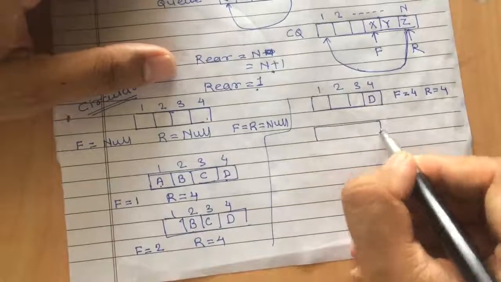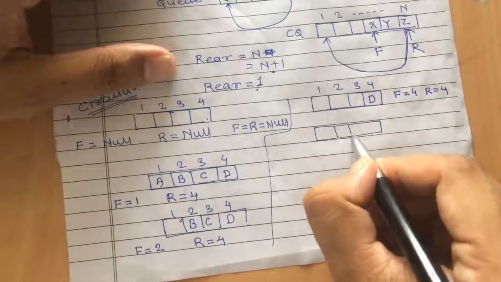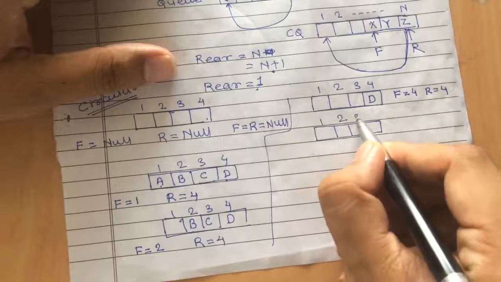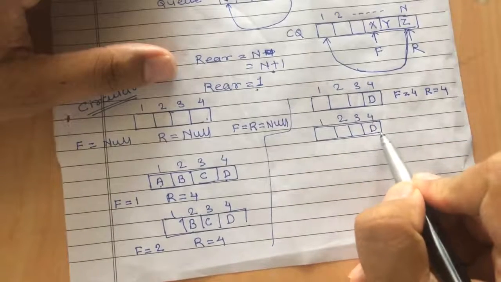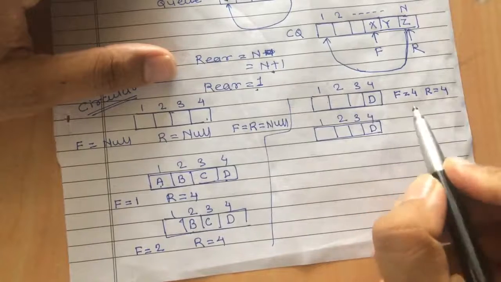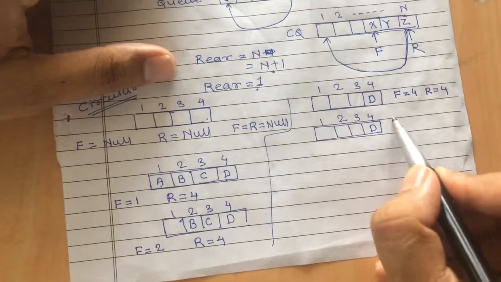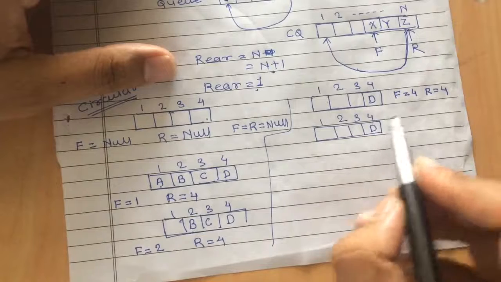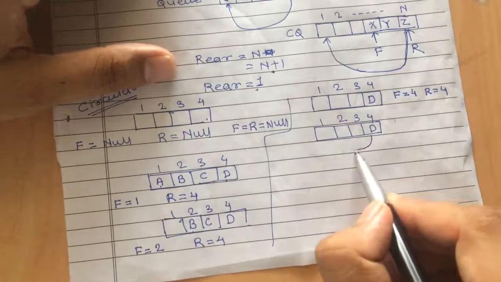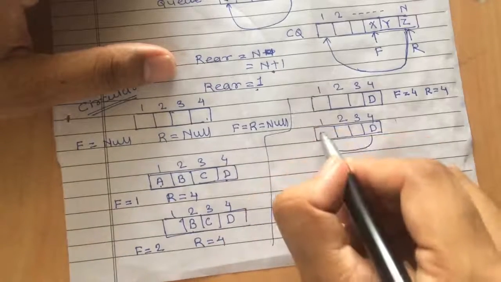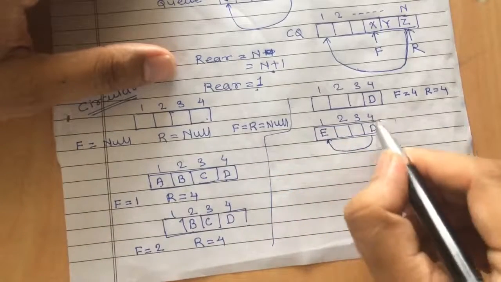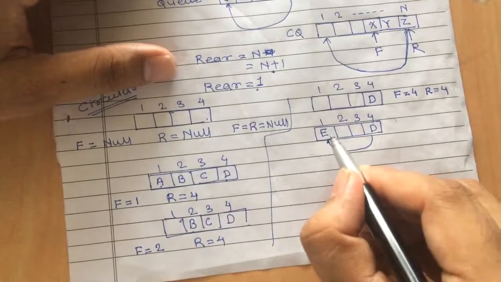Suppose I want to insert one element E. D is already present, so where am I going to insert that element? There is no space available after this fourth location. As this is a circular queue, I am going to add E over here, coming back to the first location.